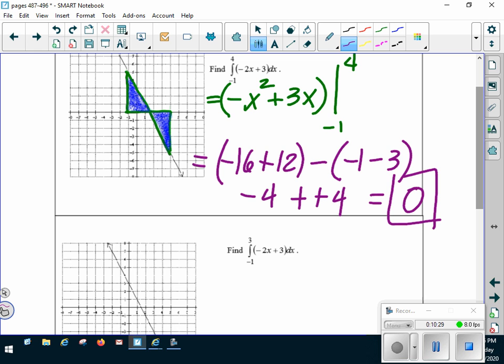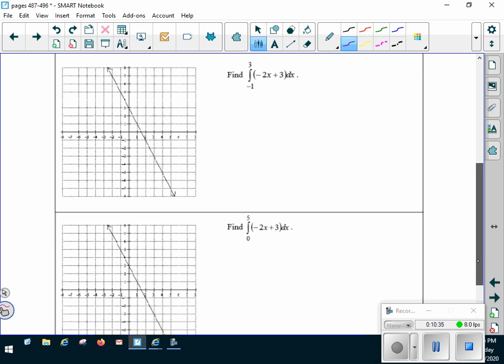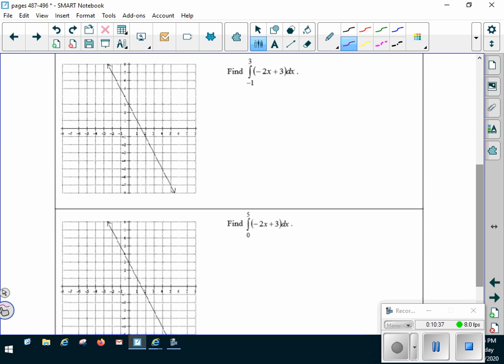Yeah, Miss Lashley would be proud if you thought about a little geometry and thought about a rotation right there, right? Negative 1 to 3.